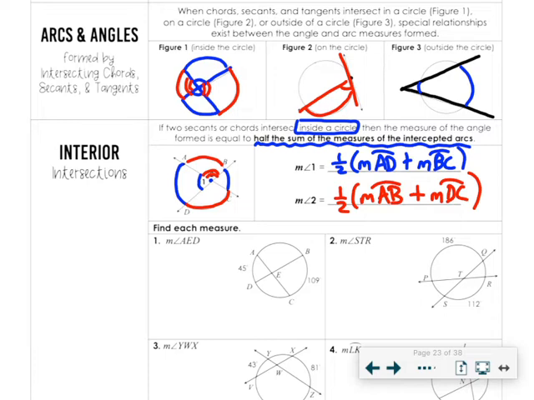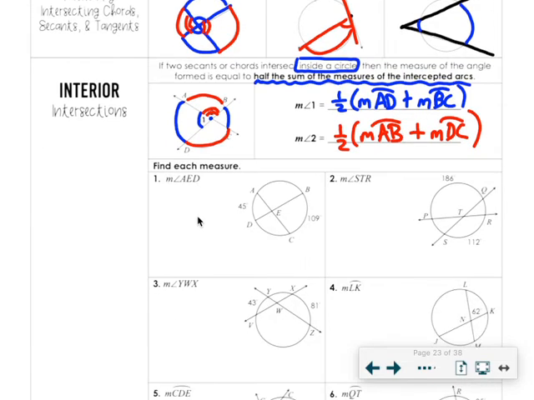If I want to figure out the measure of angle AED, for example, number 1, that's this angle right here. It's not on the center, so it's not 45. If E was on the center, it would be whatever this arc's degree measure is. Since we're not on the center, this one works a little bit differently. We have to look at these two lines.